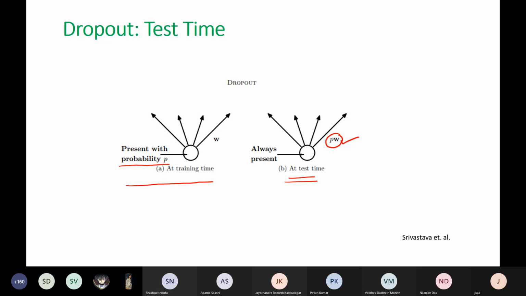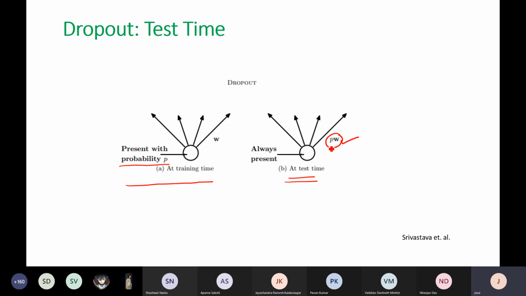For example, if throughout the iterations you never dropped out a neuron, you made the maximum number of updates on it, so the weight change for that particular neuron will be very high, from initialization to termination. And a neuron that didn't contribute much, its weight change also will be very low.